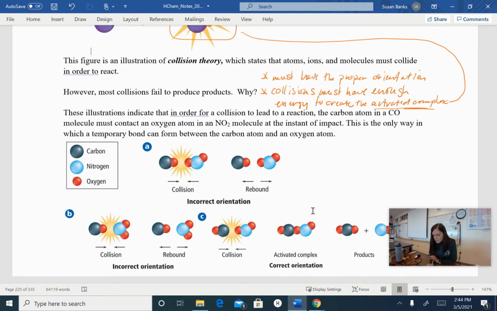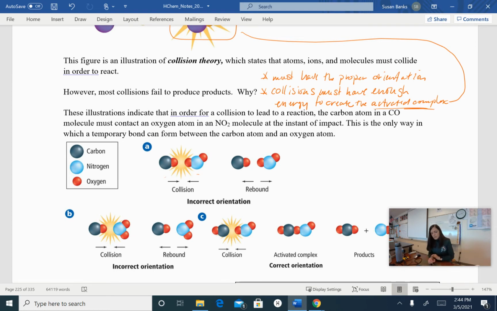So if I have a carbon monoxide molecule reacting with a nitrogen dioxide molecule, and it hits another oxygen, I don't need a bond with an oxygen to an oxygen, I need to create a bond with an oxygen to a carbon. So this is going to rebound here because it's not hitting on the right spot.